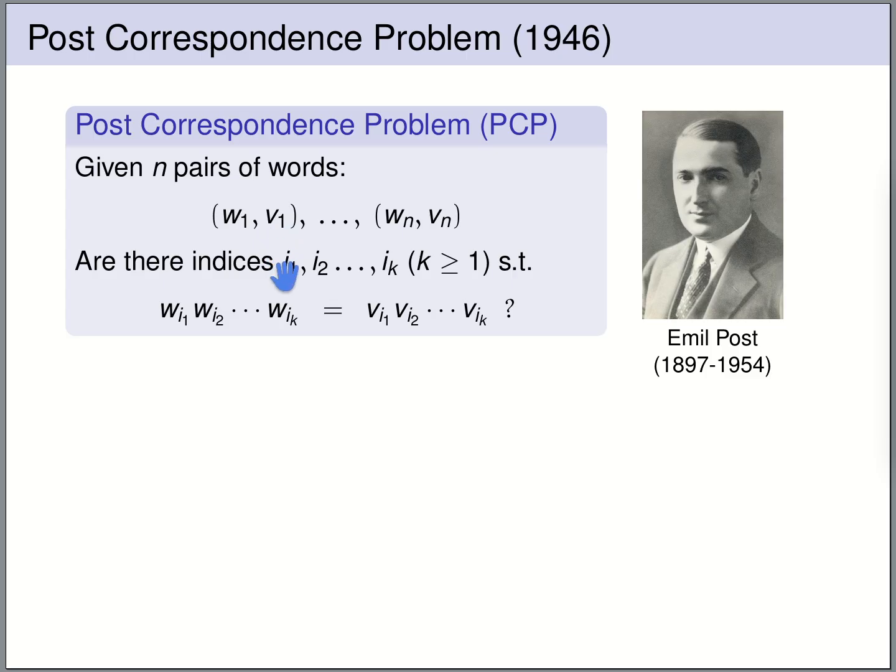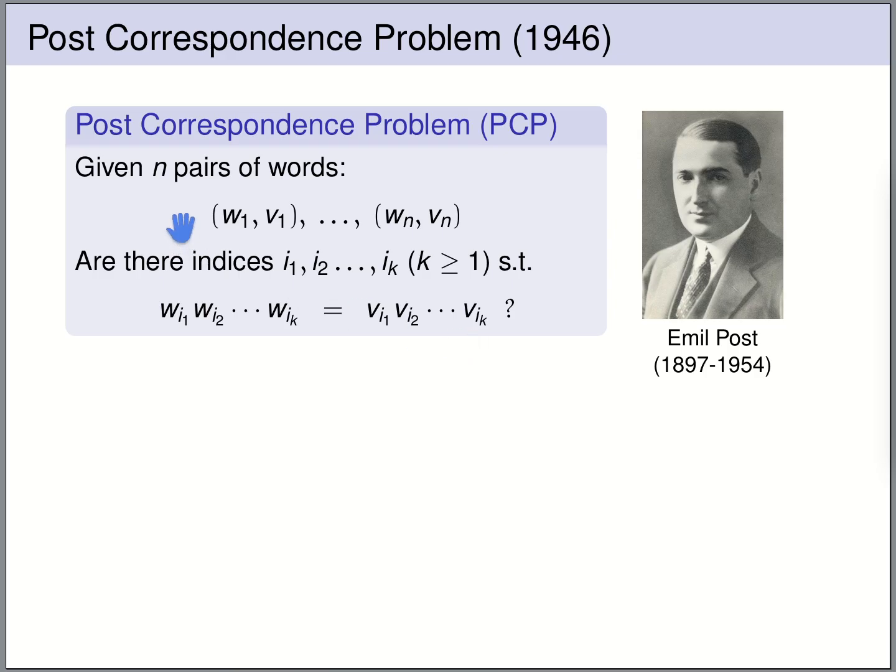So formally the question is, do we have indices i1, i2 up to ik? So these i's, they are numbers between 1 and n. Can we pick such indices such that the concatenation of w_i1, w_i2 up to w_ik is the same as the concatenation of v_i1, v_i2 up to v_ik?